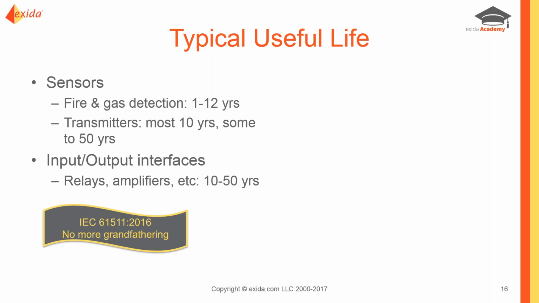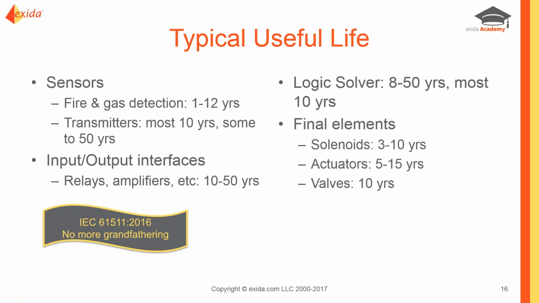For fire and gas detection or some of this more sensitive equipment, it can be an even much shorter lifespan than that. Devices often used in input and output interfaces, relays, amplifiers, things like that, are pretty simple, often as much mechanical as electronic, and can have much longer life in some cases, but again, there are a lot of those that may run in the 10 to 20-year range.